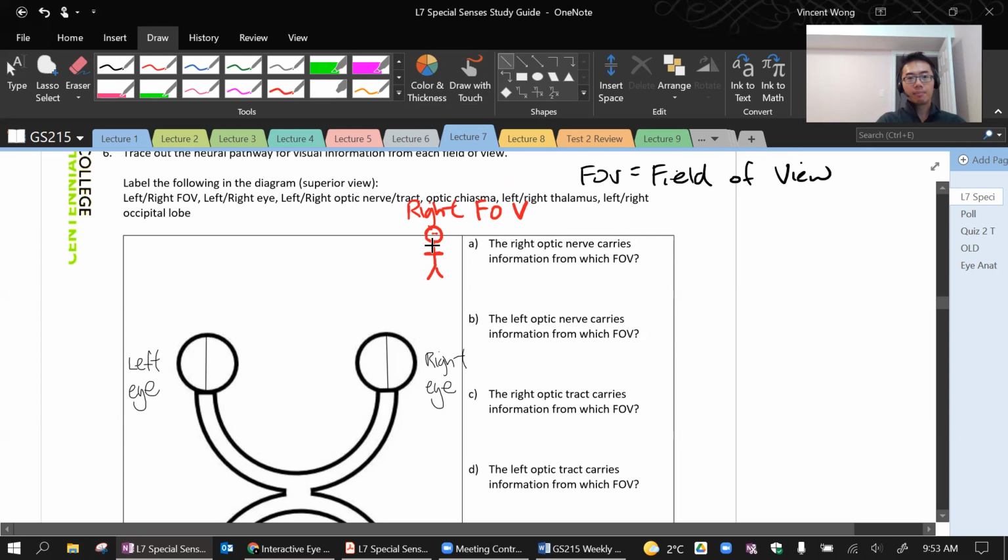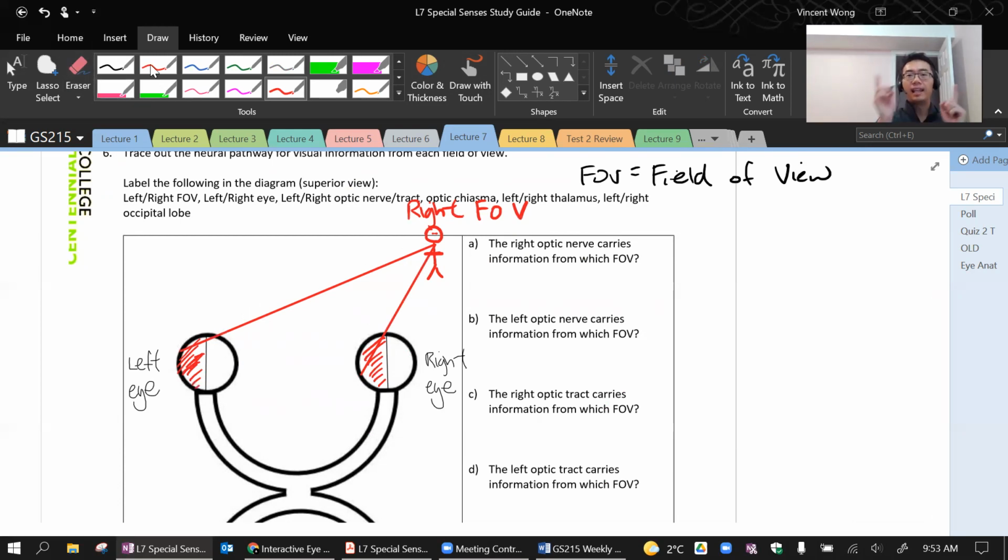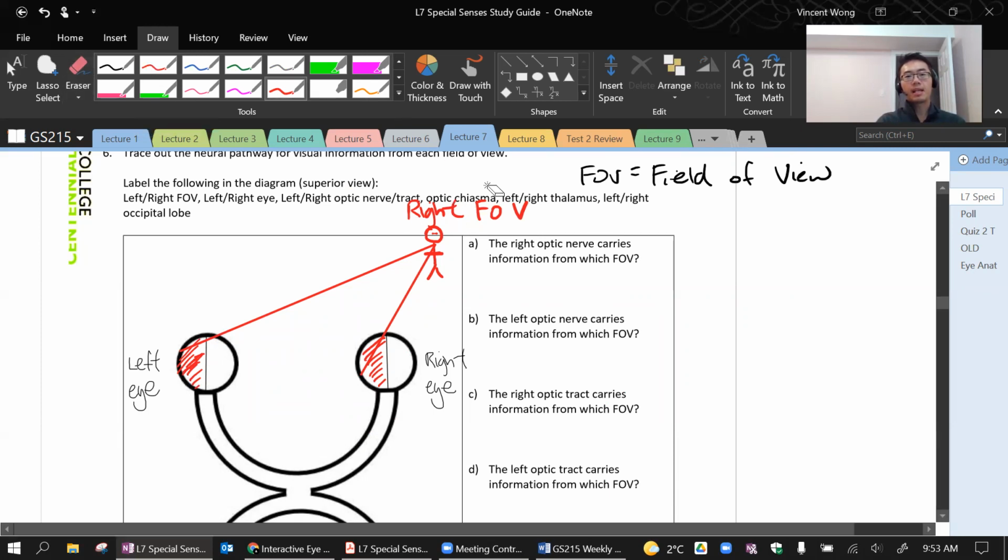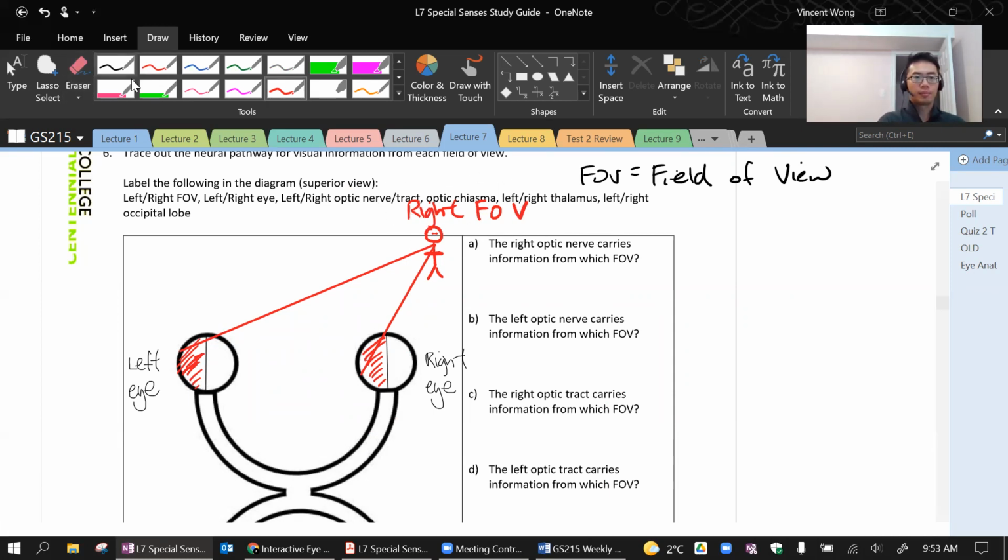When the light bounces off the person in the right field of view, it will enter your eyeball and strike the left side of your eyeball. So first thing to know, left half of both eyeballs will be receiving information about your right field of view. Okay.